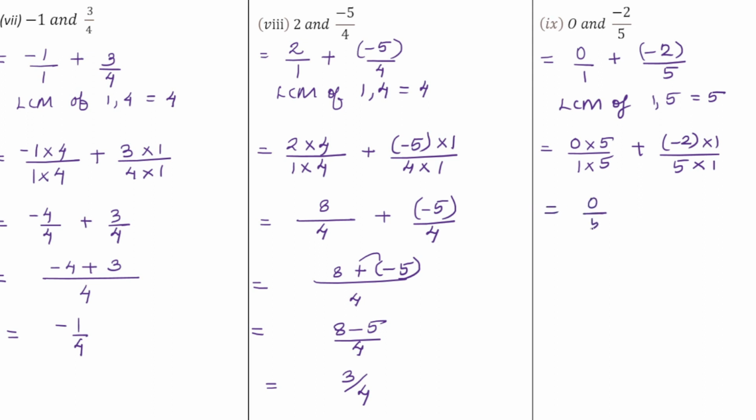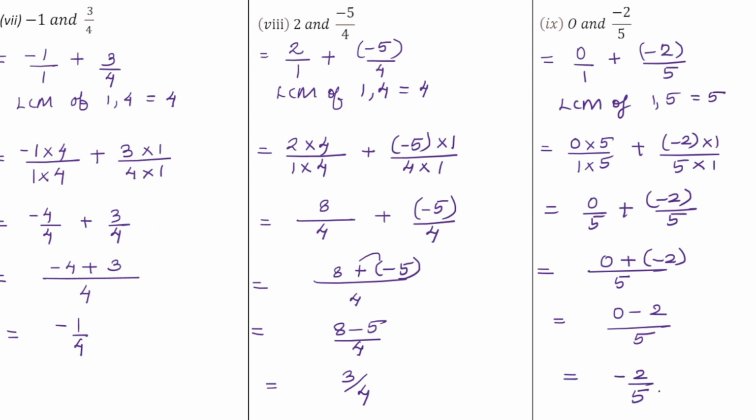So it is 0 by 5 plus minus 2 by 5. Take the LCM, it is 5. So you have to add 0 with minus 2. Let us simplify it. So 0 minus 2 by 5. You get your answer as minus 2 by 5.